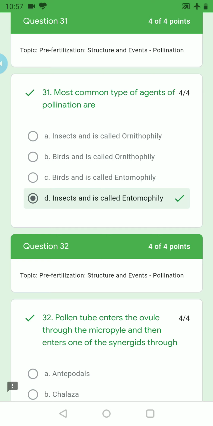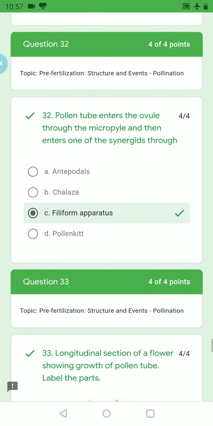Okay, the next question. The pollen tube enters the ovule through the micropyle and then enters one of the synergids through what? The filiform apparatus. I hope you remember the filiform apparatus.